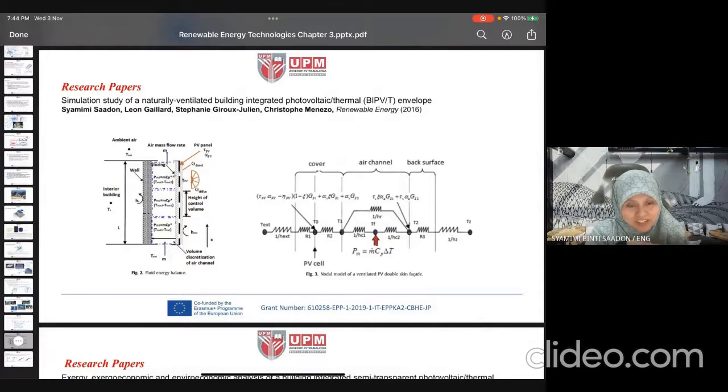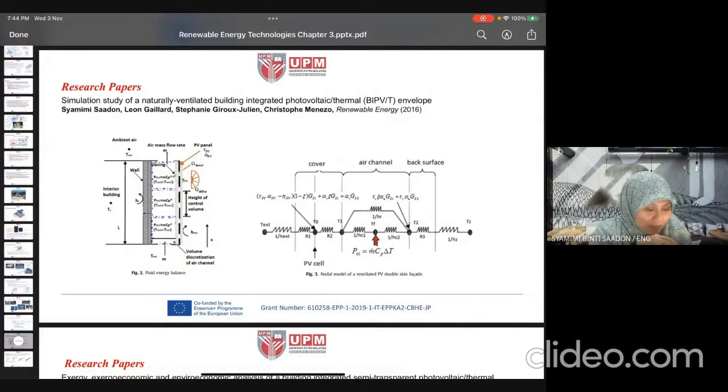So TRNSYS, this thermal building software, can be used to model and simulate the energy balance of all of these process technologies. So I modeled the double glazing, naturally ventilated photovoltaic panel with the solar thermal collector.